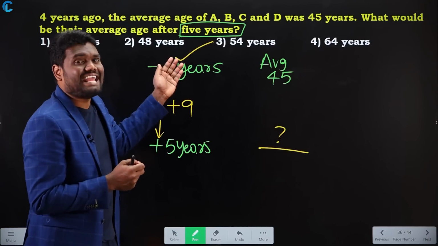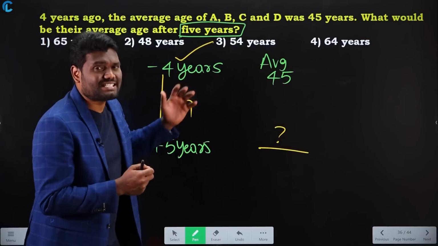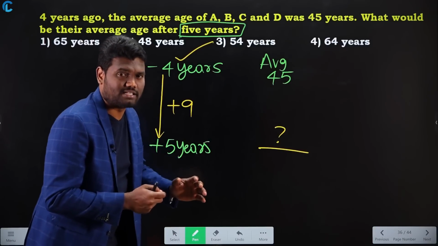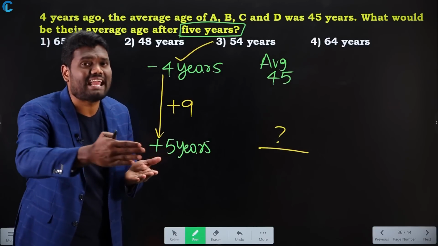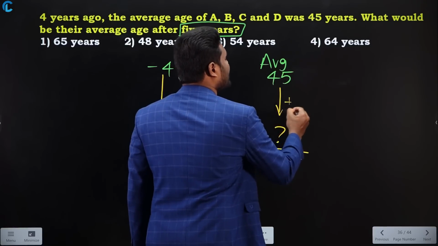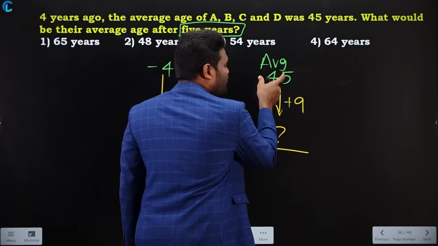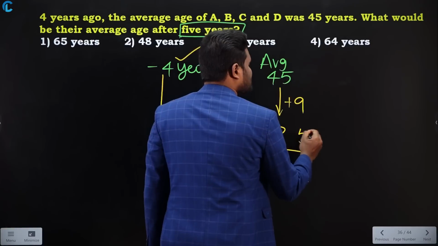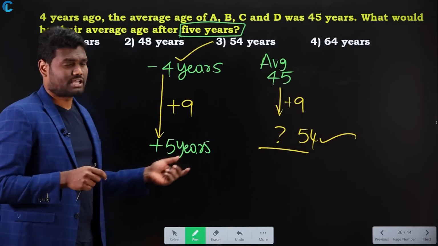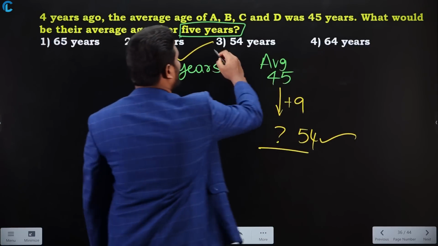Which means A is increased by 9 years, B, C and D are each increased by 9 years. If each and every person's age is increased by 9 years, then the average also increases by 9 years. So 45 plus 9, the average after 5 years is nothing but 54 years.